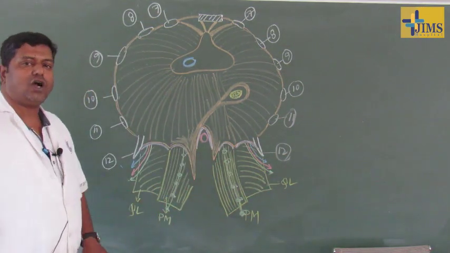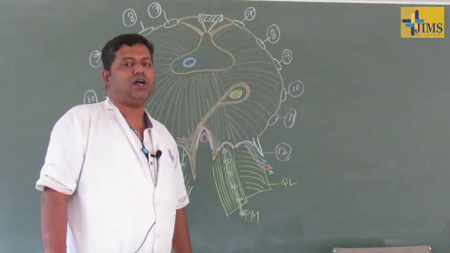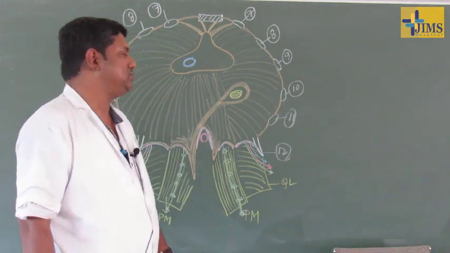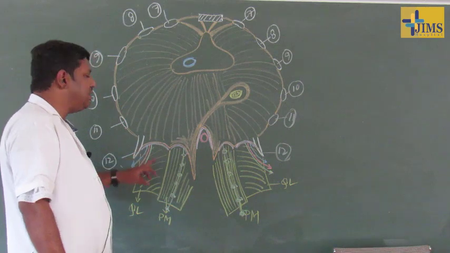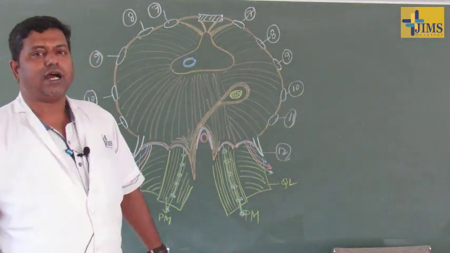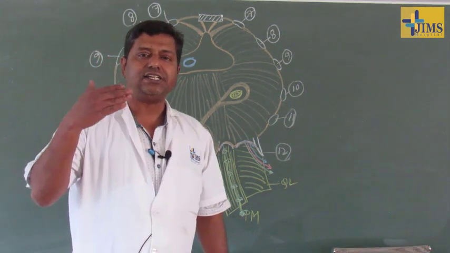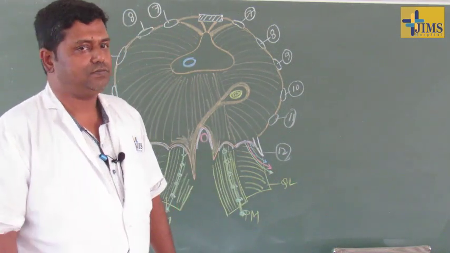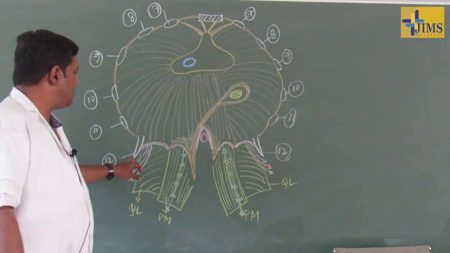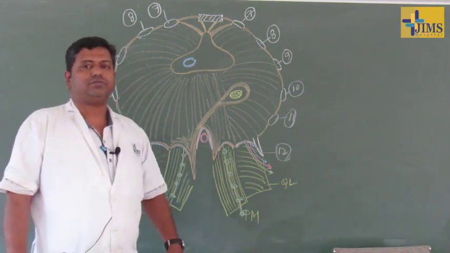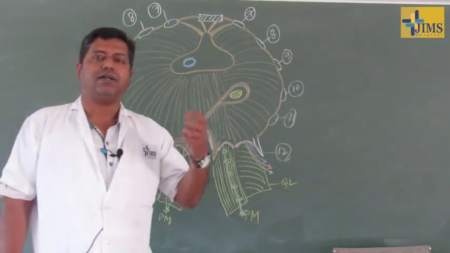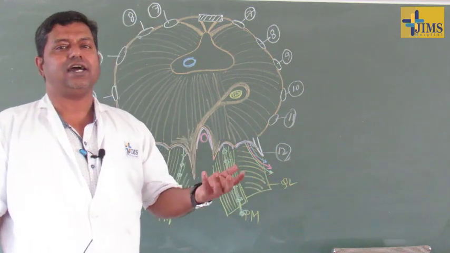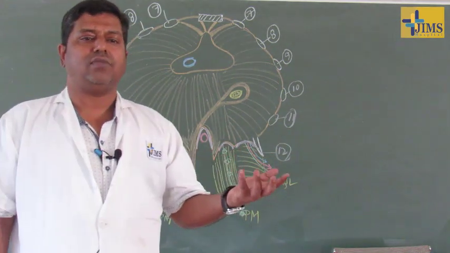This is the quadratus lumborum. And the lateral arcuate ligament is derived from the condensation of the anterior layer of the thoracolumbar fascia.